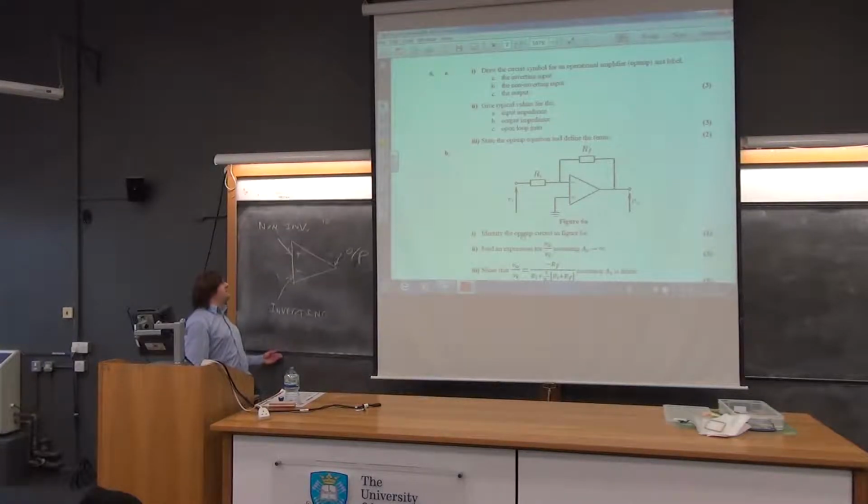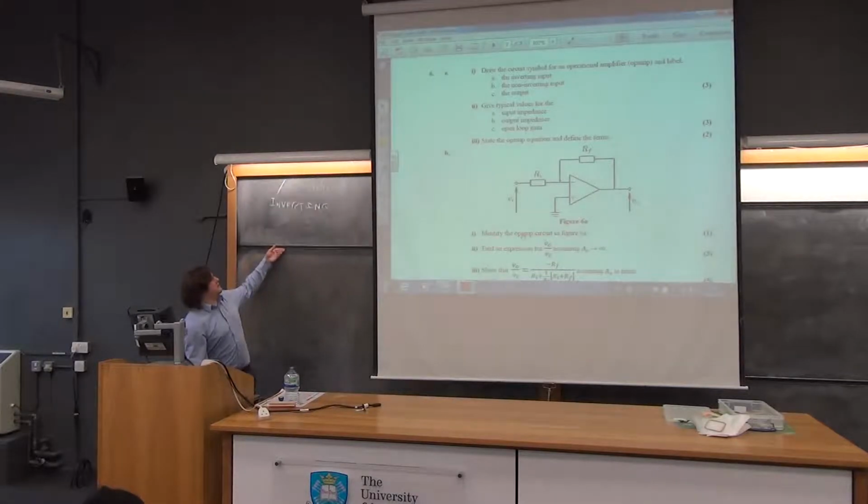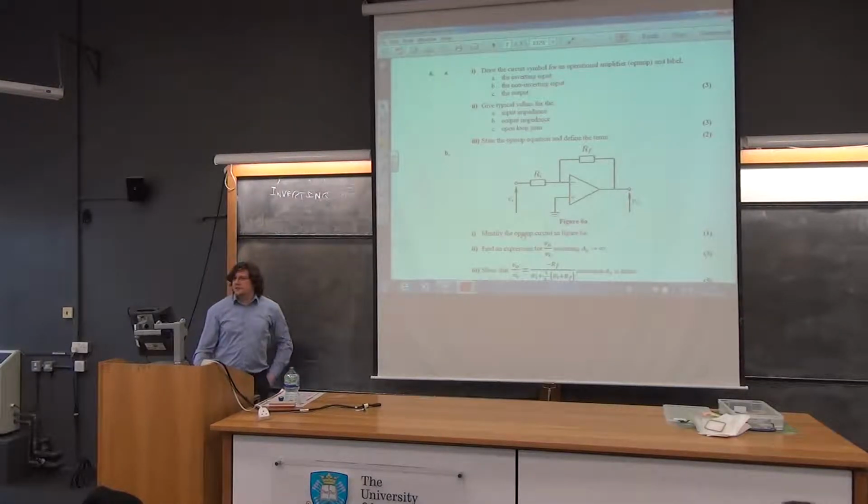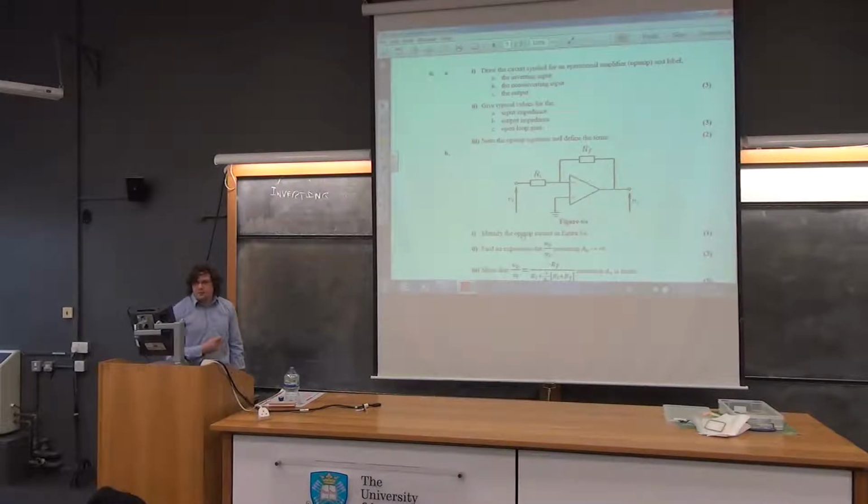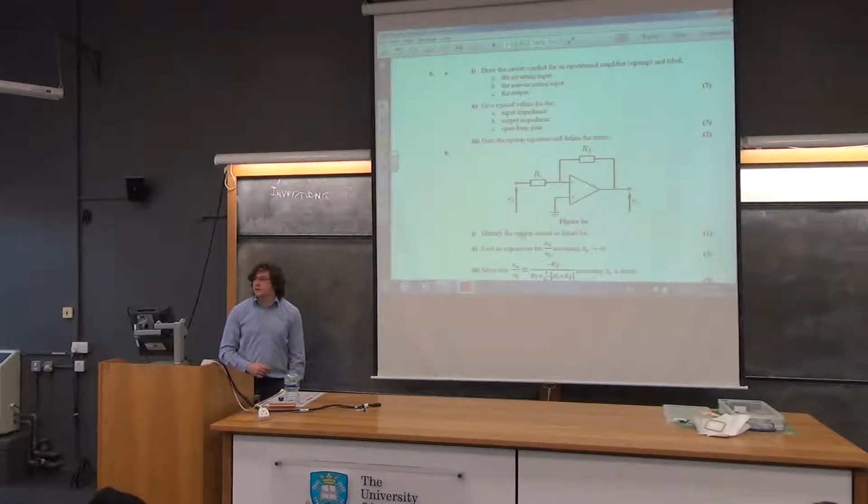So that's nice and easy. That's the getting marks right in your own name bit, pretty much. Then I said, give typical values for the input impedance, output impedance, and open loop gain. And this tripped up almost everybody. You just have to learn them, they're on the lecture slides.